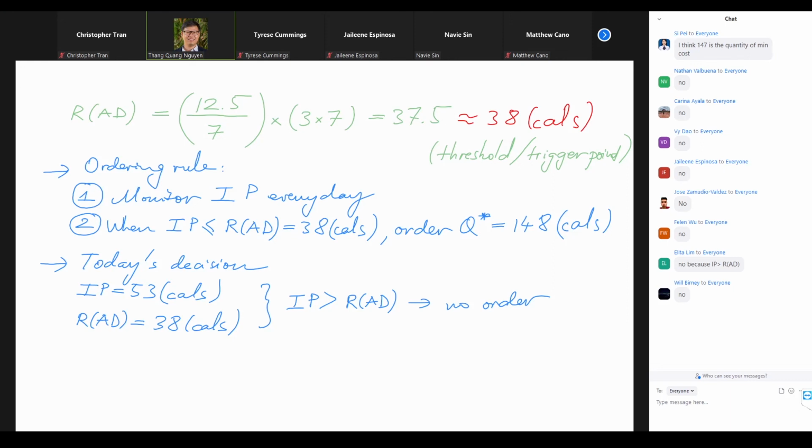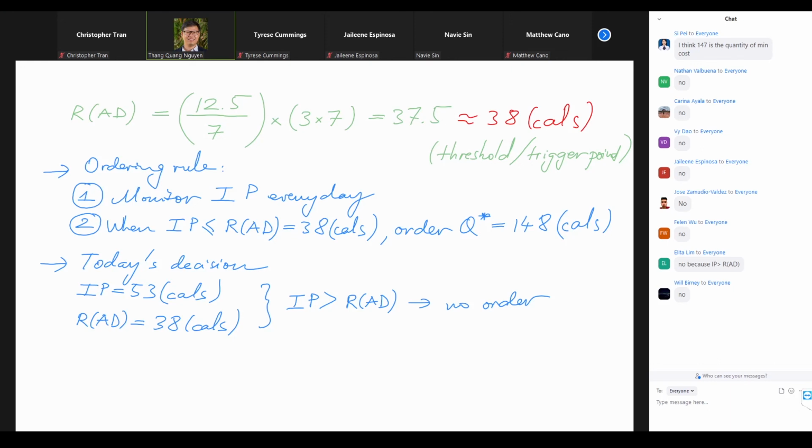We only need to make an order if it goes low. When we hit the threshold, it is a hint that we have low stock and we have to make the next order. But today, because we still have plenty of stock to sell, there's no worry about a stockout yet.